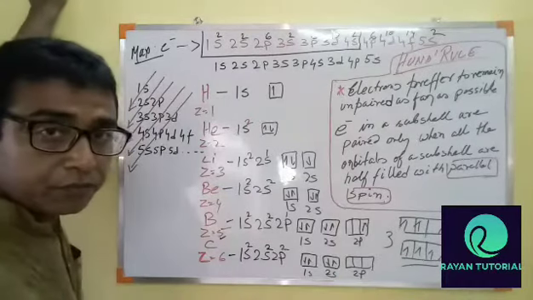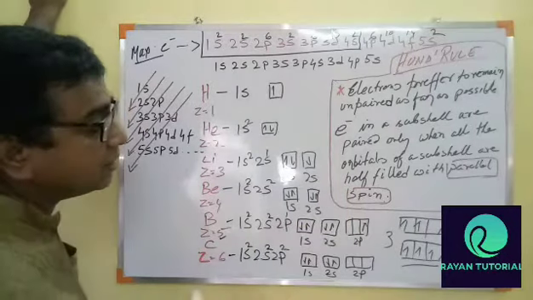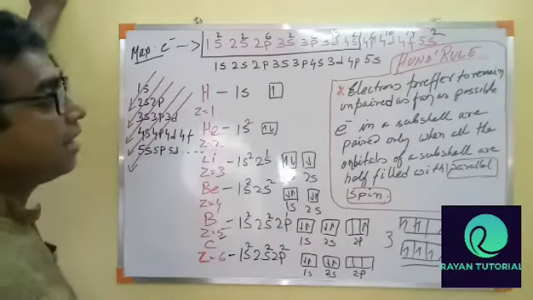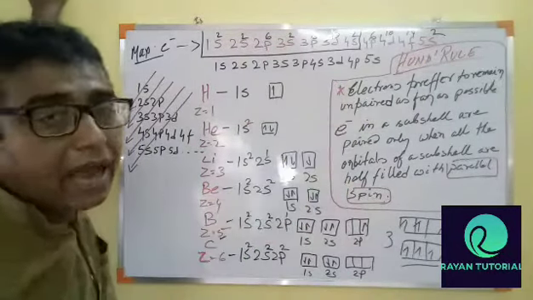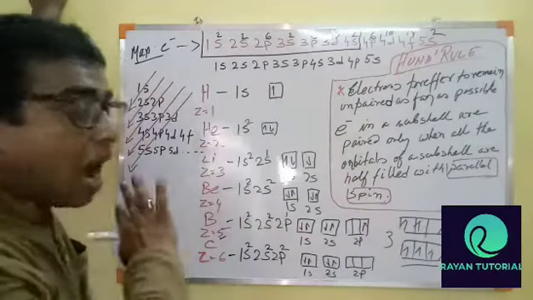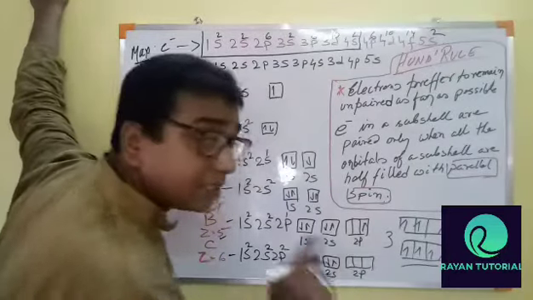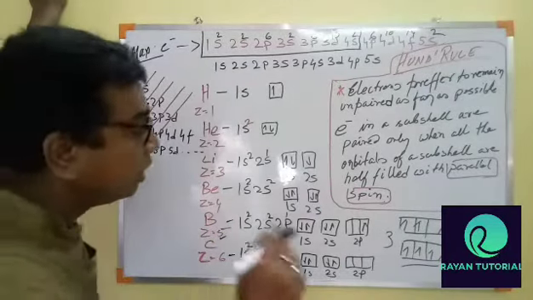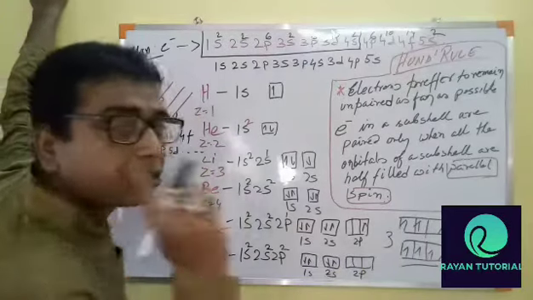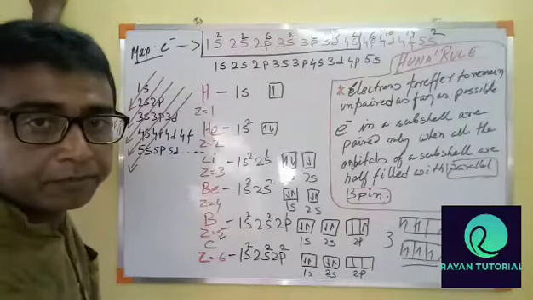There Hund's rule helps us. Hund's rule states that electrons prefer to remain unpaired as far as possible. That means until and unless all these orbitals are half filled, you cannot put 2 electrons in one orbital. They will never be paired.